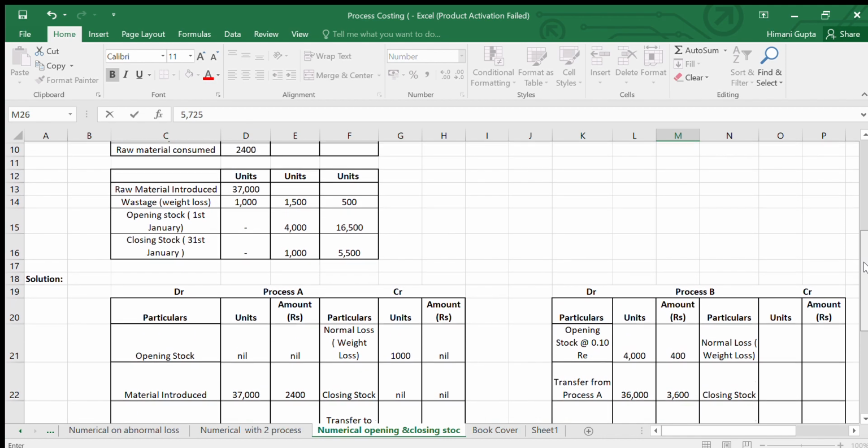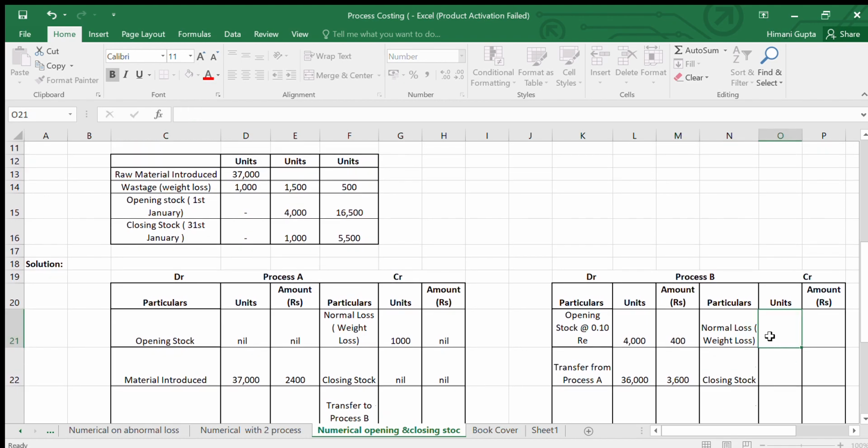Now let's see the normal loss over here. Normal loss is given to be 1500 units. Value will be nil. Closing stock is given to be 1000 units.